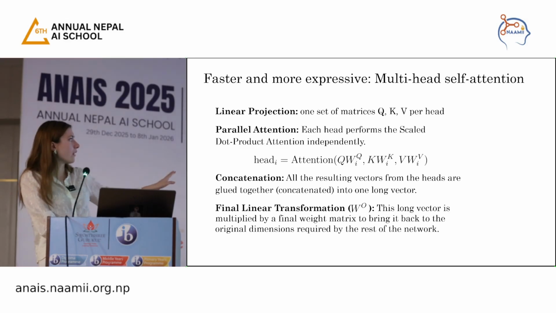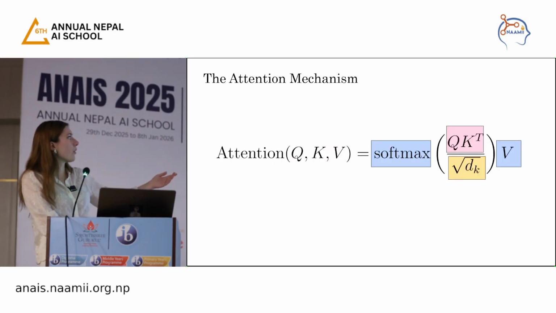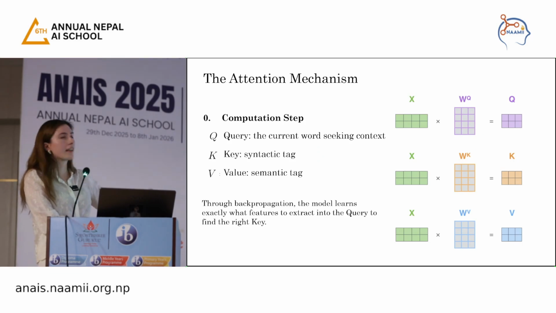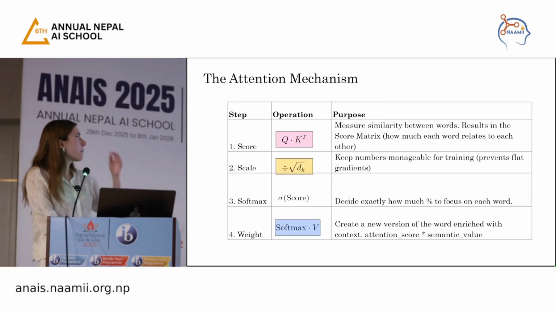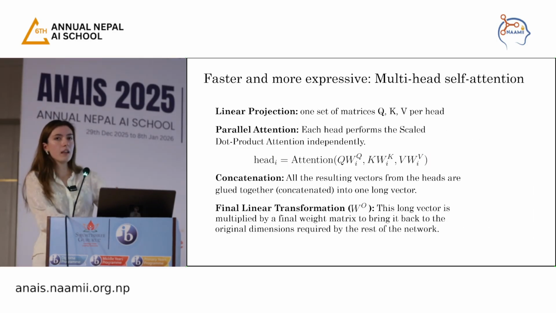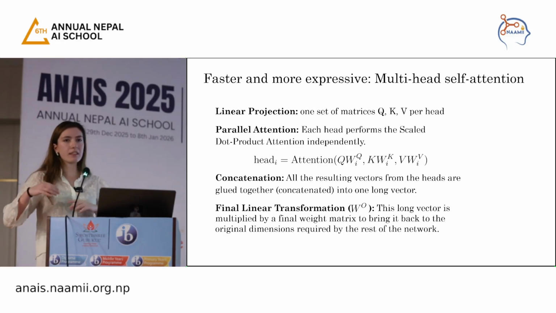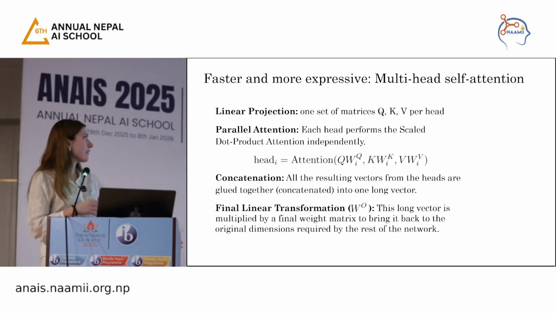Okay, all of what I have presented so far, I've been talking about only one set of these Q, K, and V matrices, right? In reality, we don't have only one, but many. And every set of these 3 matrices is called an attention head. Having many of them makes inference, but also training, faster and more expressive.